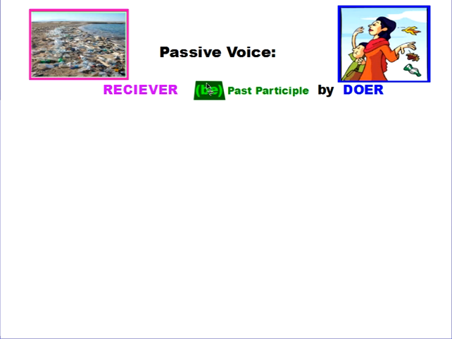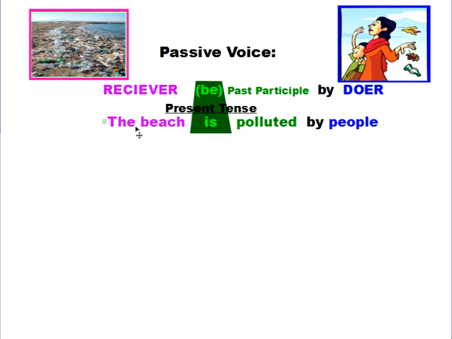Now, when I want to change the verb tense to the future or the past, I change this verb. I change be. I'm always using the past participle, but I change this one to make it in the past or in the future. So if it's in the present tense, right, I say the beach is polluted by people, and I use be in the present tense.